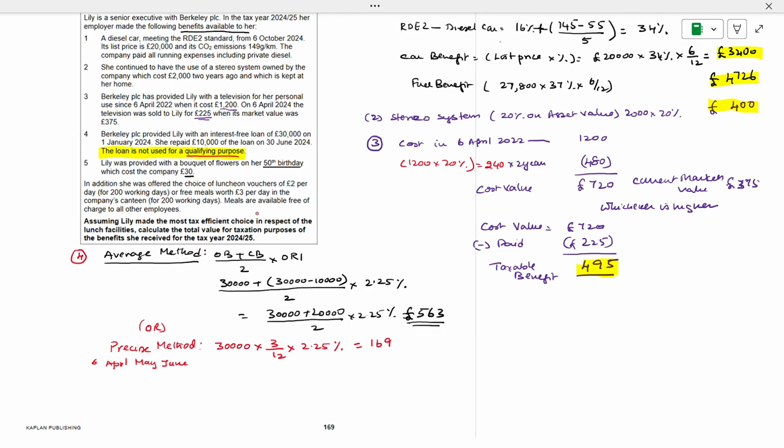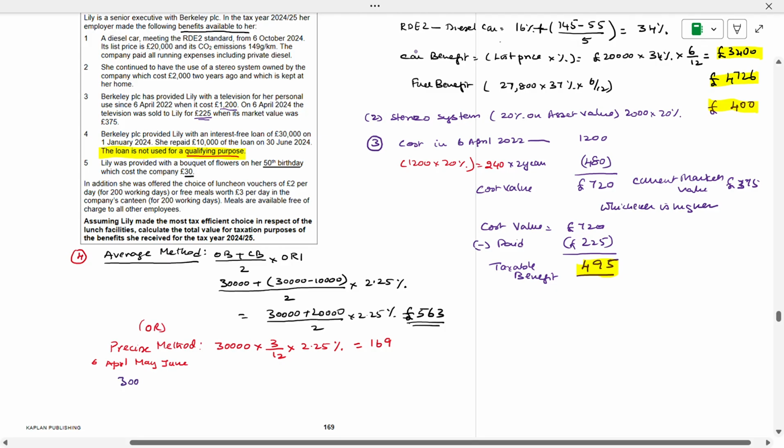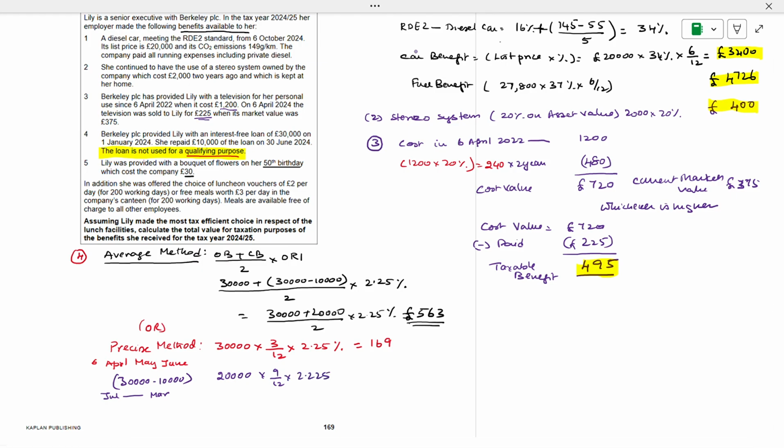After 3 months, how much have they repaid? They have repaid 10,000 out of 30,000, so the remaining amount is 20,000. This is from July to March, 9 by 12 into 2.25.